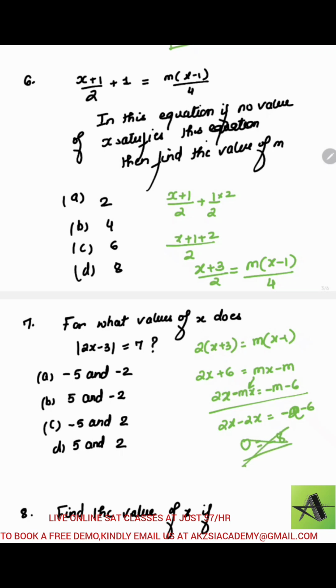So that's the only possible value of m in which your x will be completely vanished. There is no term of x remaining here. So m should be 2 so that there will be no value of x.